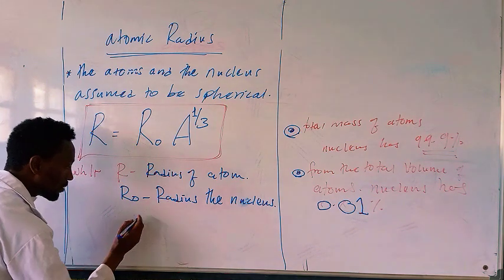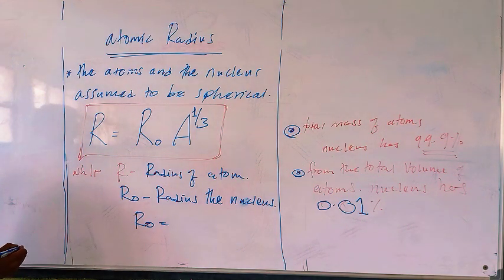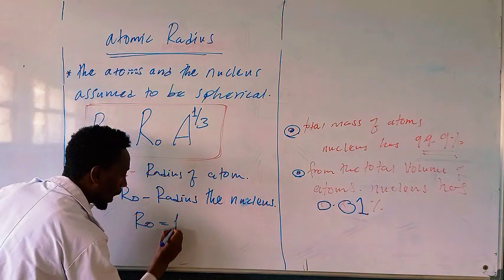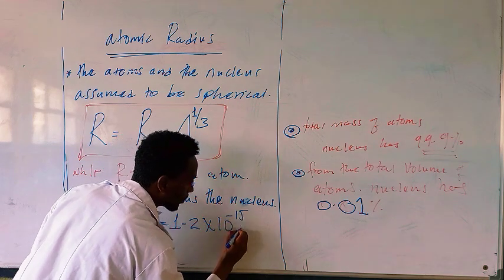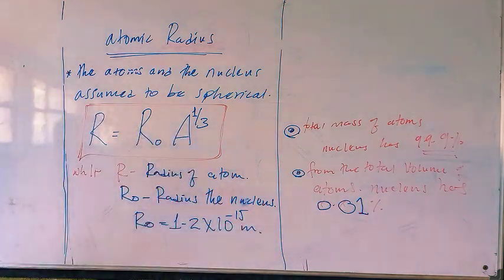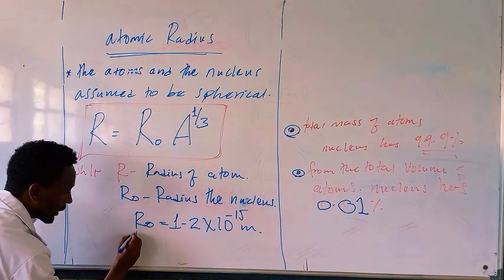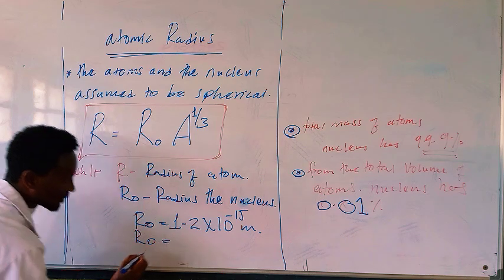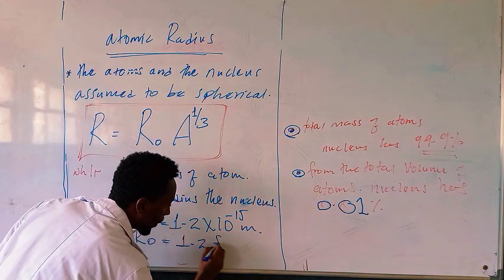This is always given by R0 equals 1.2 times 10 to the power of minus 15 meter. In other ways, you can define that as 1.2 femtometer.